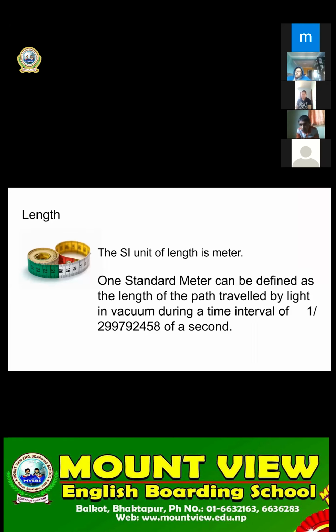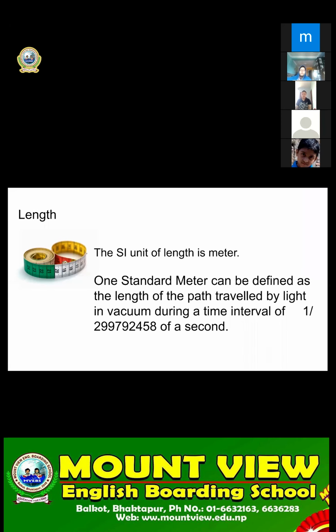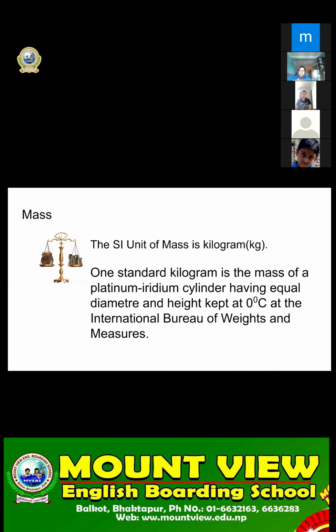That is equal to 1 meter. In such a small time, the distance light covers is equal to 1 meter. You got it?